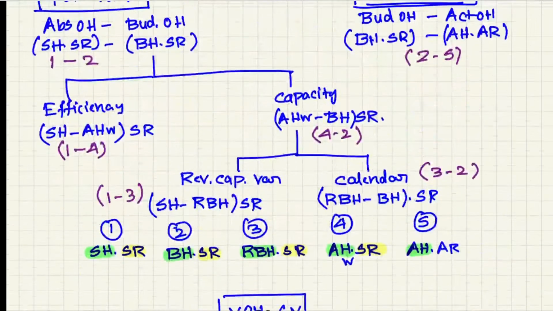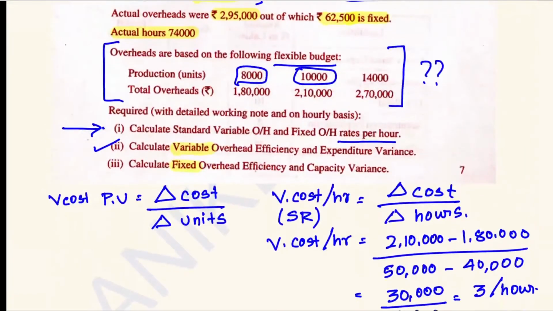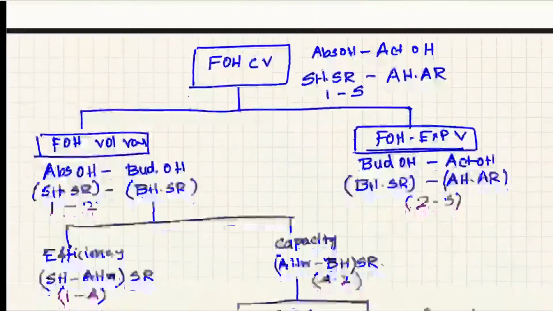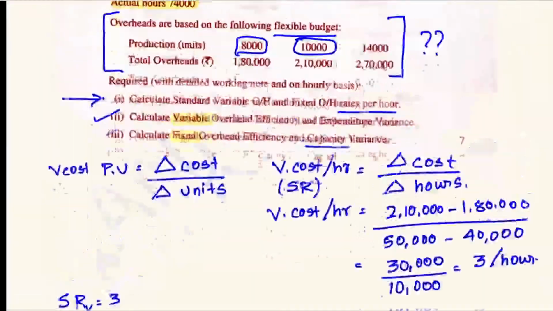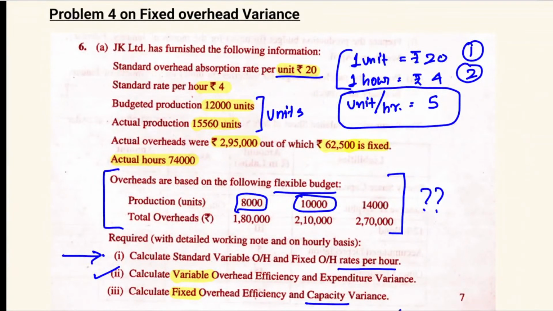Next, along with efficiency, we also have to calculate capacity variance. And the formula for capacity variance is actual hour worked minus budgeted hour. Let us look at the formula. So actual hour worked minus budgeted hour. Now what is the budgeted hour? Budgeted production is 12,000 units and each unit takes 5 hours.